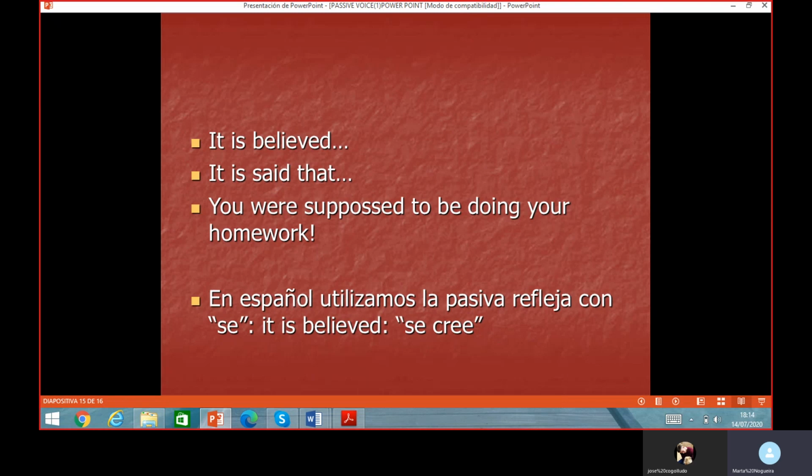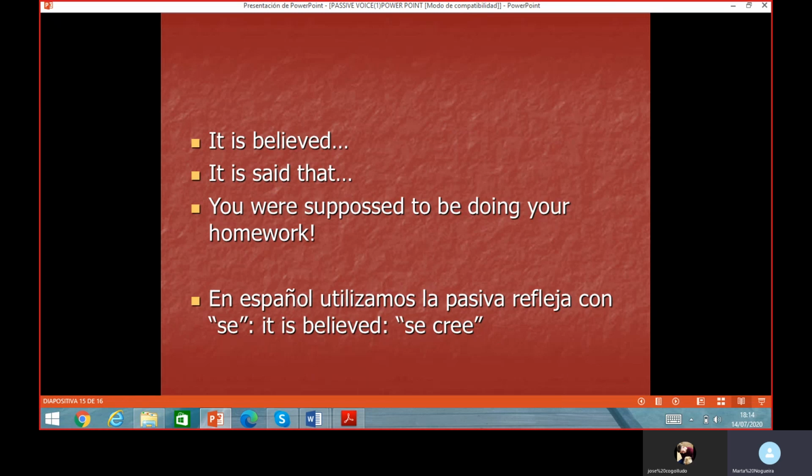Normally, when you have an impersonal sentence with se in Spanish, you are going to use the passive in English. Se cree. It is believed. Se dice que. It is said that. Se estima. It is estimated. Se calculará, it will be calculated. Okay, so this is very, very easy to introduce in your writing section.